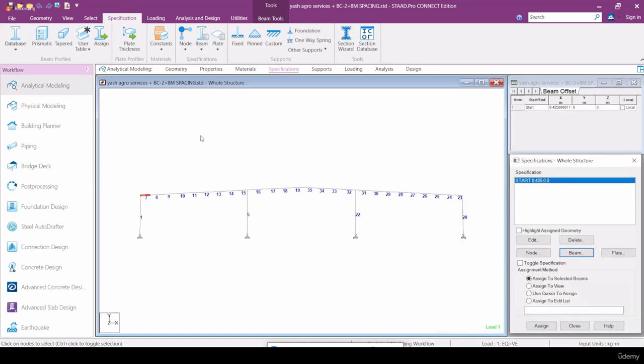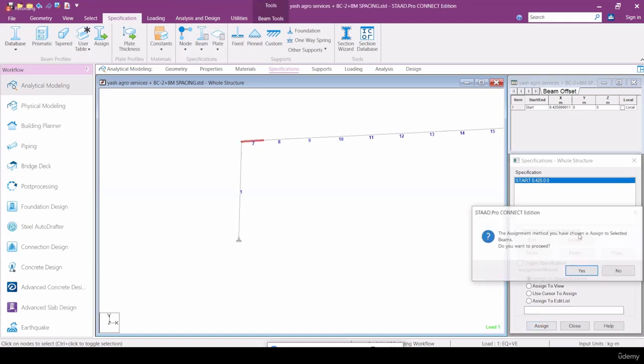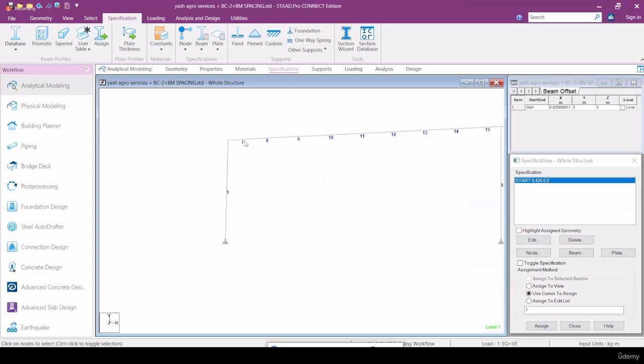Yes, exactly. Sir, is there any change in results if you offset? Yes, exactly. There will be some saving. I mean, from the design strength point of view. Just a minute. Yes. Now you can see.